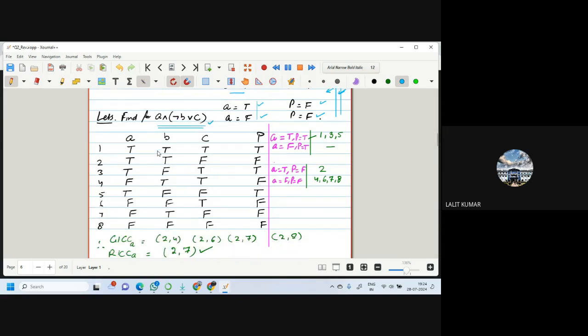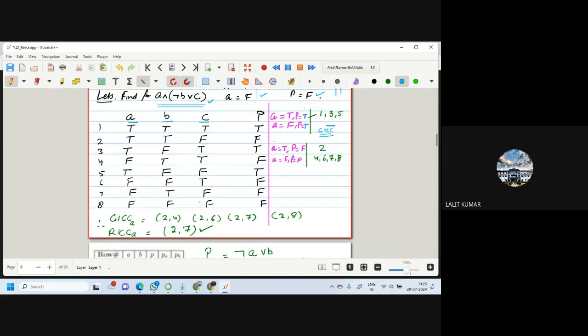We make the truth table with A, B, C. Now I check A equal to true, P equal to true: rows 1, 3, and 5. A equal to false, P equal to true: there is no row like this. So for P equal to true, there is no GICC or RICC.